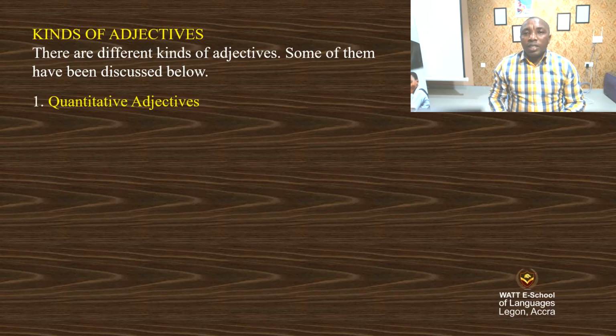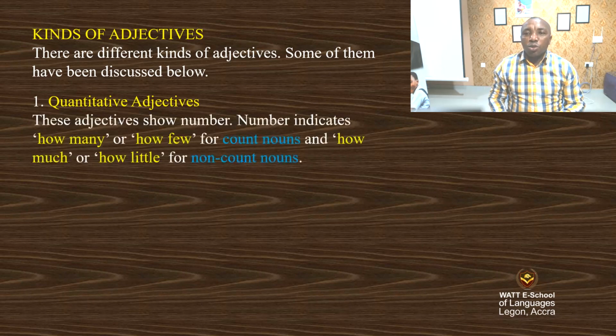We have quantitative adjectives. What are quantitative adjectives? These adjectives show numbers. That's their function. Numbers indicate how many or how few. For count nouns, it means for nouns that we can count, like book, pen, pencil, you can say how many or how few.